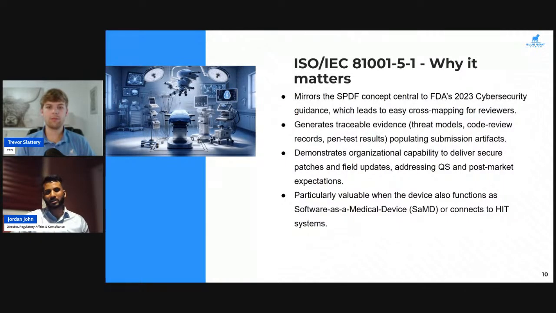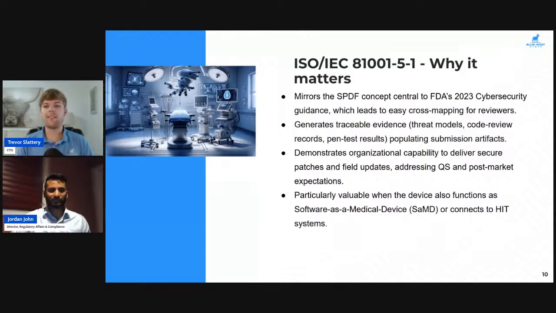So it'll tie back into several different pieces of your FDA cybersecurity documentation, including your plans on incident management, your cyber management plan at a high level, your patch management plans, and how you treat risk and triage for different threats in your threat modeling, as Trevor, you just mentioned. So there's a few different pieces, and it's just one piece of that puzzle, right? We talked about a few different standards here, but again, for software as a medical device and any kind of connected medical devices in the hospital setting, this will be quite important for your consideration.